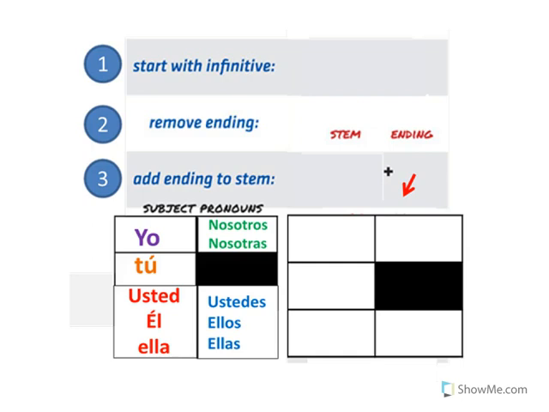Alright, so let's get started with this real quick. So the first thing is we need an ER or an IR verb first. So we start with the infinitive. An infinitive is going to end with ER or IR. So I'm going to use an easy word. I'm going to use the verb correr. It's an ER. Step 2, it says remove the ending.